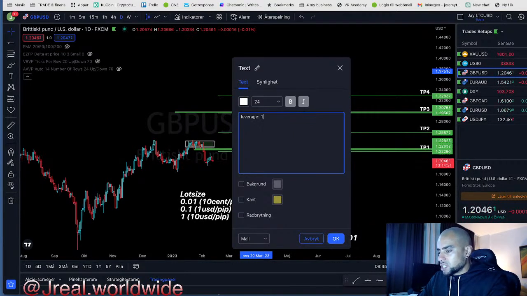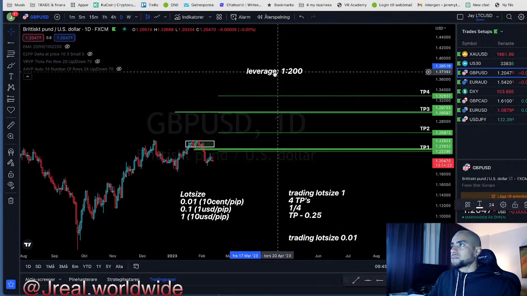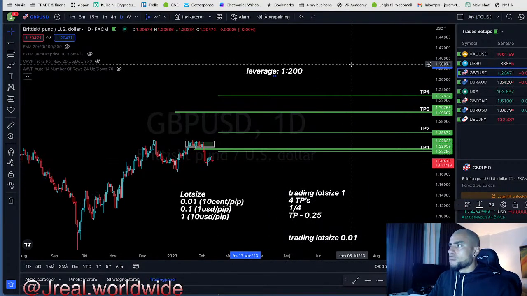It's your decision, but this is the leverage that I recommend: a 200 leverage, so that you don't blow up your account easily. It will just make it more difficult for you to trade with bad risk management and to over leverage your trades and your account.